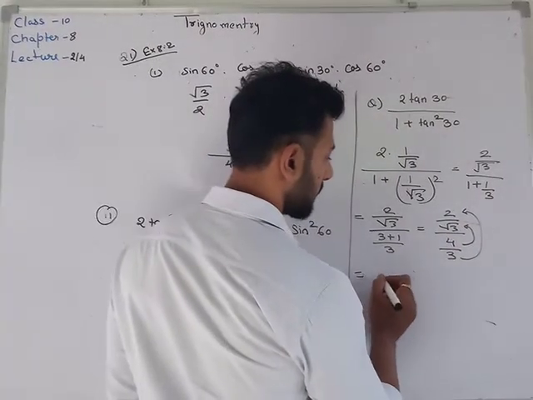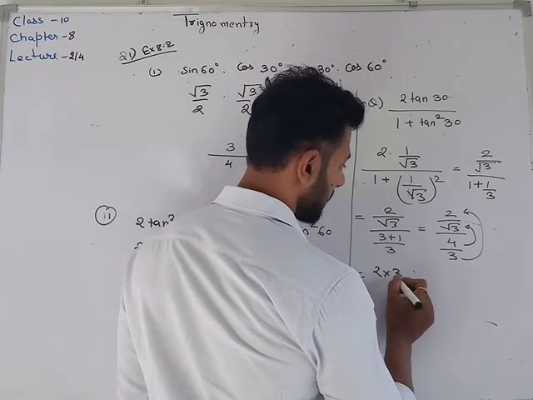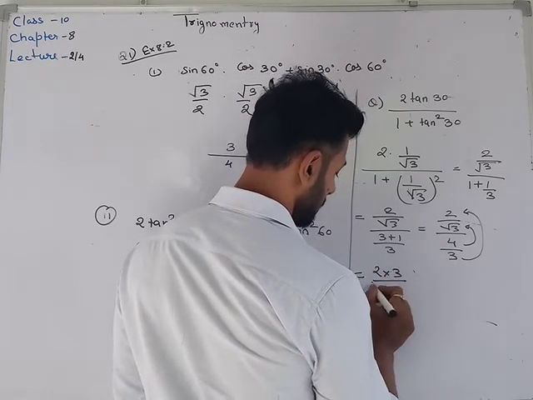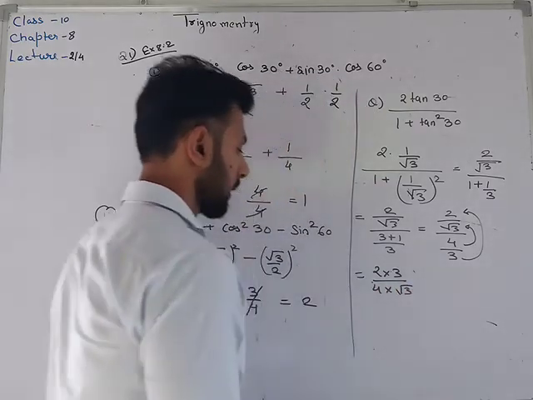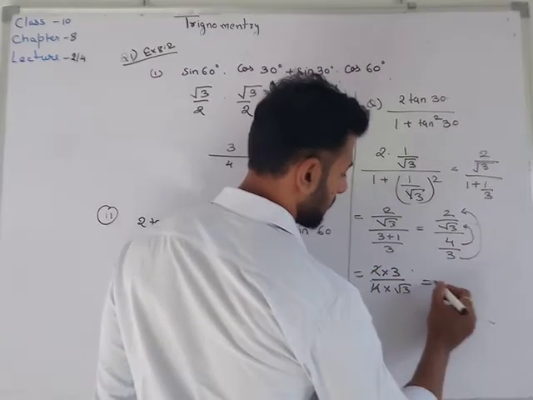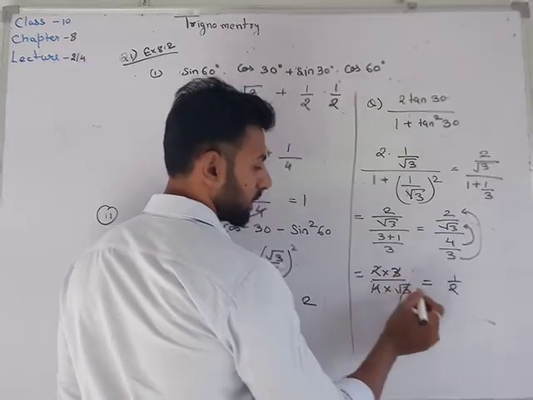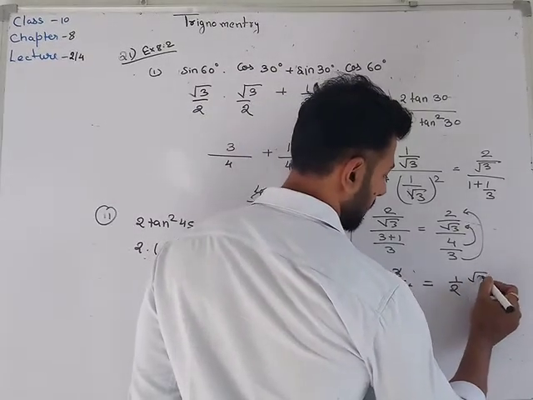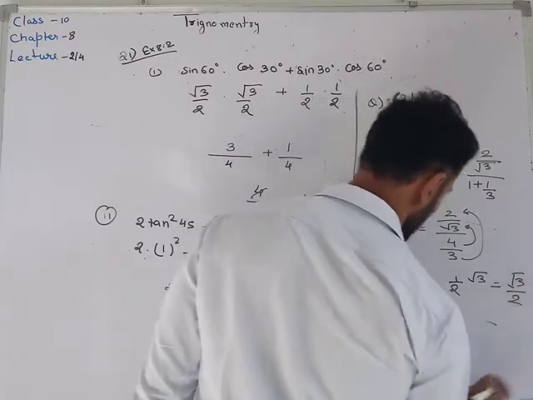So this will be 2 into 3 upon 4 into root 3. This 2 and 4 can be cancelled out, so this will be 1 by 2. 3 and root 3 get cancelled out, so this will be root 3. So the answer will be root 3 by 2.